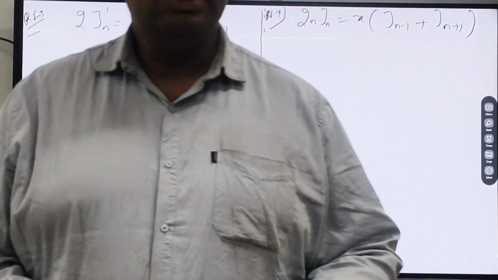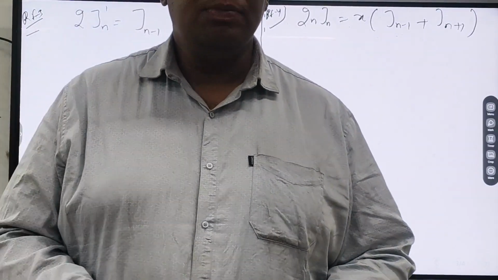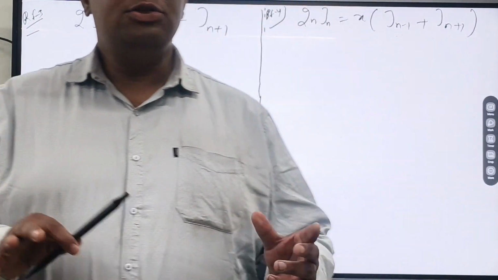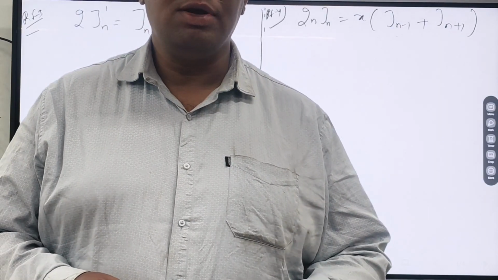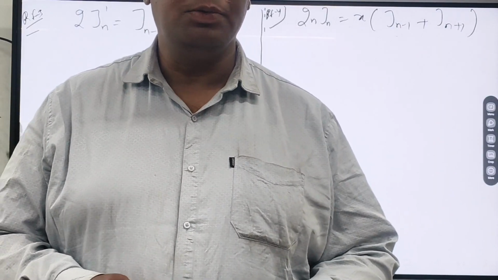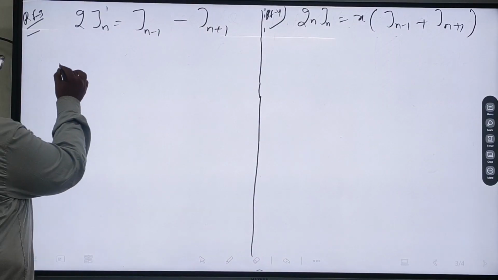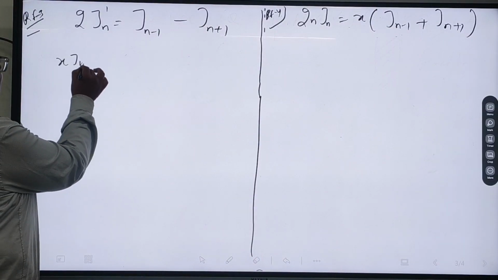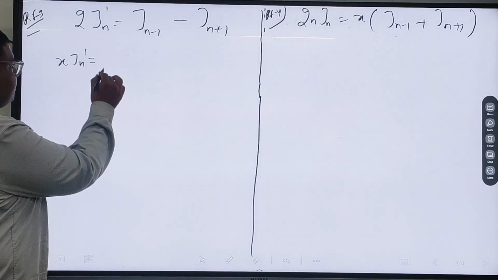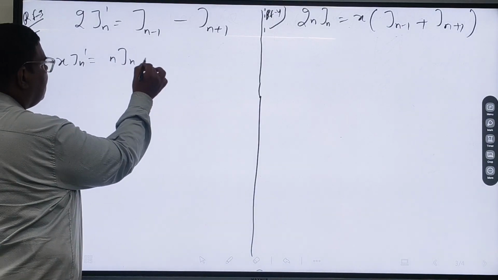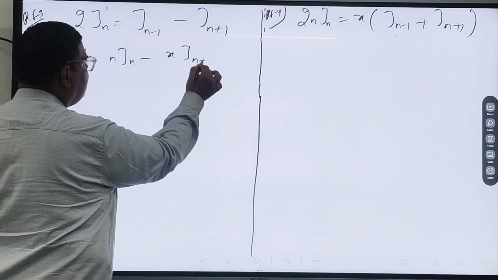Today we will see recurrence formula number 3 and recurrence formula number 4. As you all know, in the last video we derived recurrence formula number 1 and recurrence formula number 2. So what was recurrence formula number 1? It was x J_n' = n J_n - x J_{n+1}.